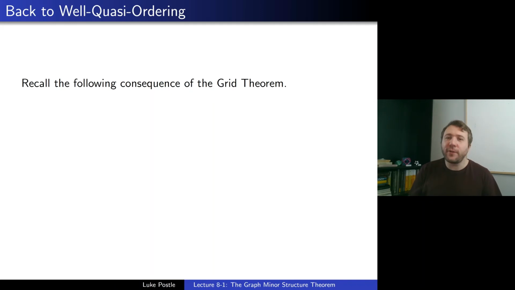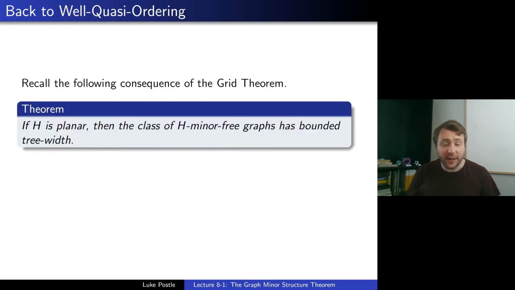So recall the following consequence of the grid theorem, which I alluded to at the beginning when we talked about the path analog: if H is planar, then the class of H-minor-free graphs has bounded tree width. This is really an if and only if, that is, if and only if H is planar, but let's just use the if H is planar. So what does that mean? Well, if you recall Kruskal's theorem, trees are well quasi-ordered, and we alluded that Robertson and Seymour proved that bounded tree width graphs are well quasi-ordered.